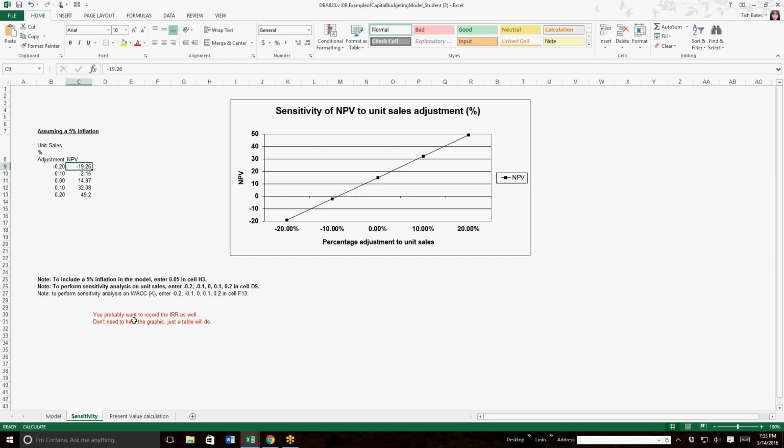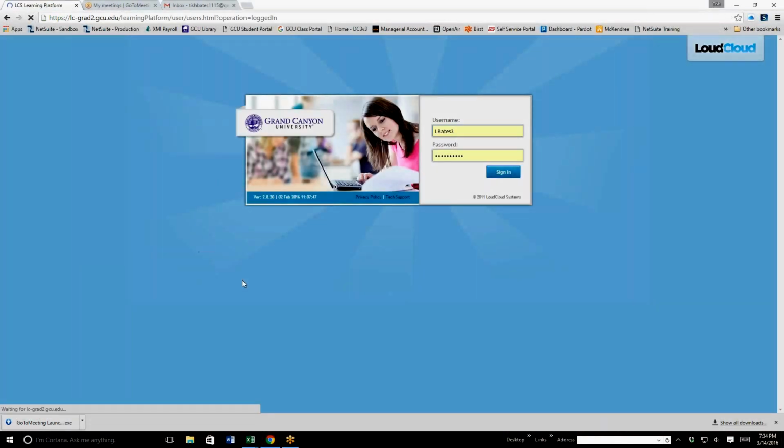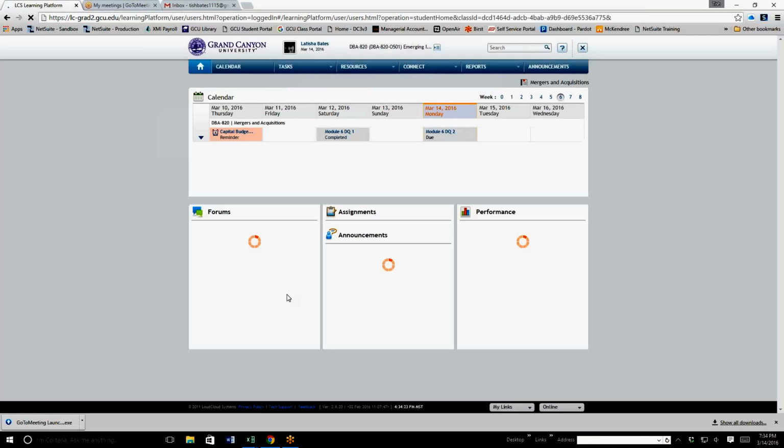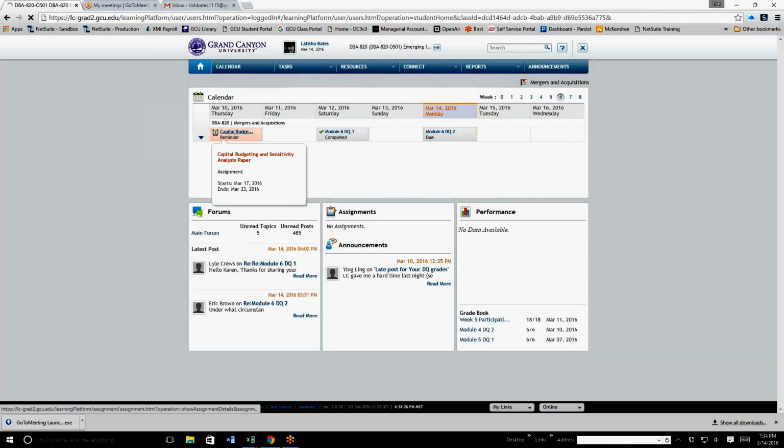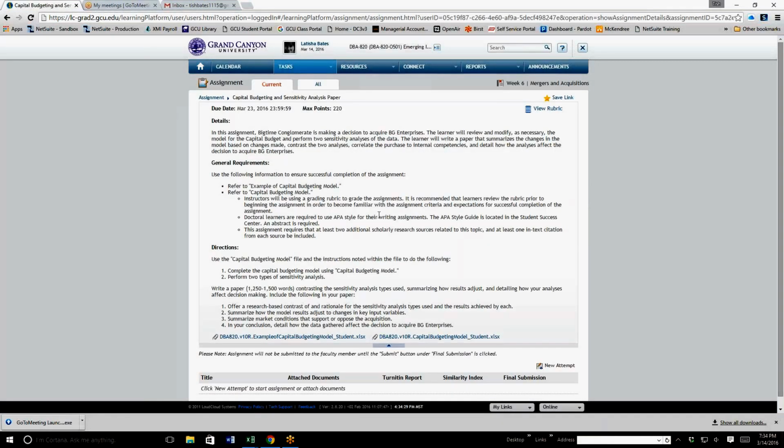And then where are we supposed to be in the assignment? We're supposed to do a compare and contrast of the model. Yeah. So the sensitivity analysis types, that's a term.